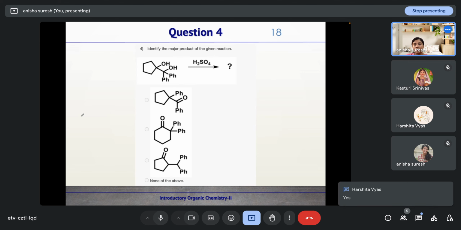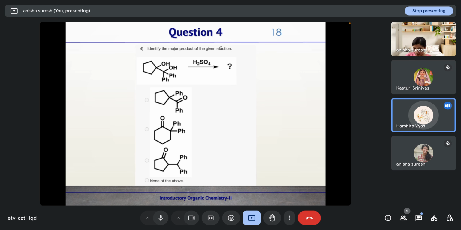Okay. Now coming to question number 4. Identify the major product of the given reaction. Seeing the starting material and the reaction condition, can you guess what the rearrangement is? Yeah, it is the pinacol pinacolone rearrangement.